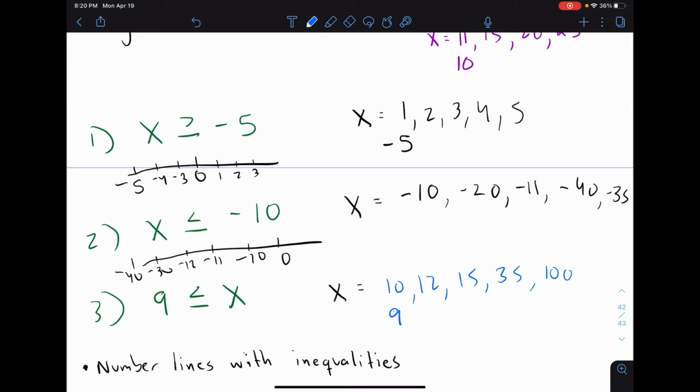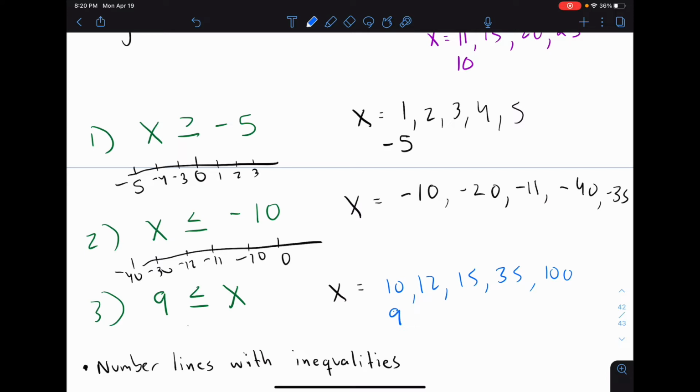I can have -5, -4, -3, 0. And that's the same for number 2. X is less than or equal to -10. Todo lo que es más pequeño, to the left. I have -10, -20, -11, -40. Lo que sea más chiquito que un -10.